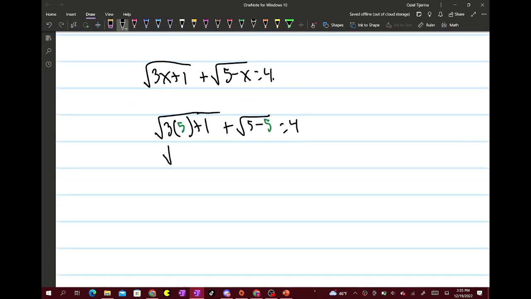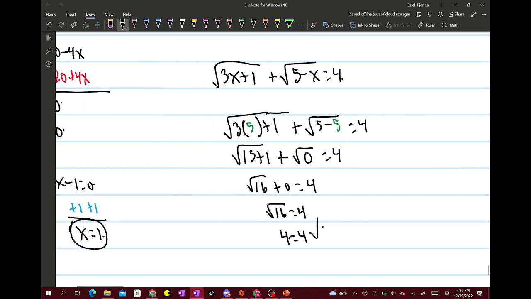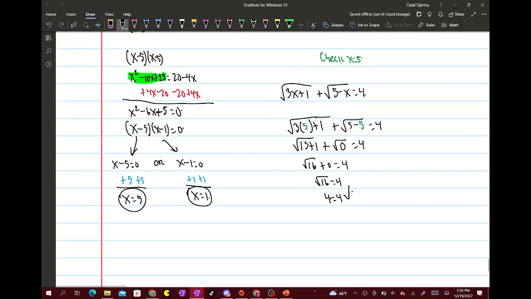So then we have the square root of 15 plus 1 plus the square root of 0 is equal to 4. The square root of 16 plus 0 is equal to 4. The square root of 16 is equal to 4, so then 4 is equal to 4. So this works, so 5 checks out.